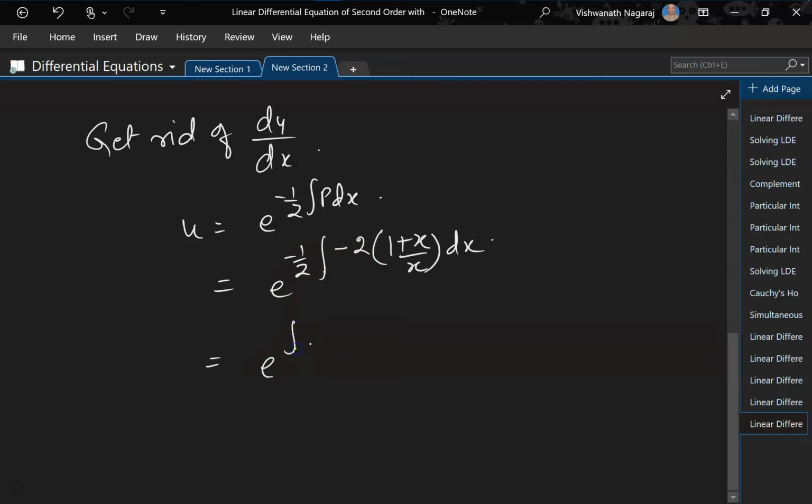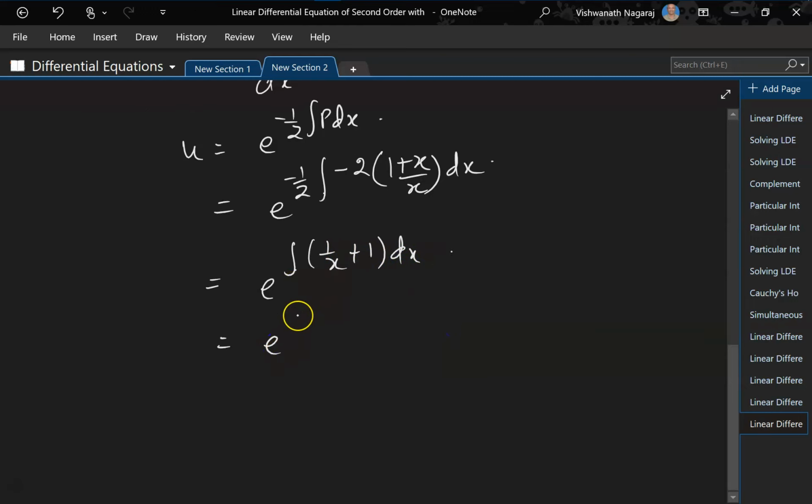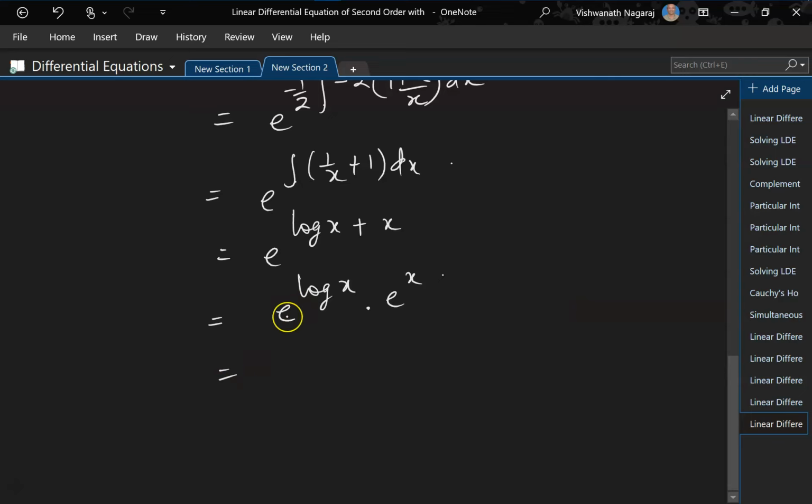So nothing is left outside, and we have integral of (1 by x plus 1) dx. Integrating it, we get log x plus x. Based on rules of exponent, we can write it as e to the log x times e to the x. Here e and log cancel out, so we are left with x e to the power of x.